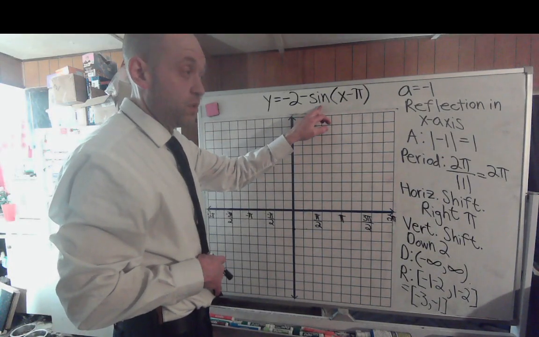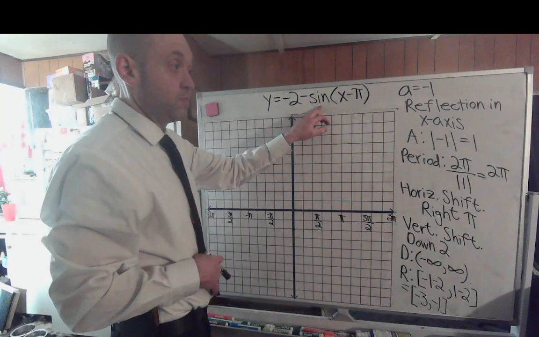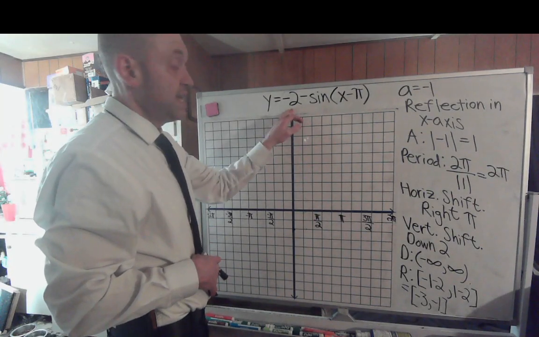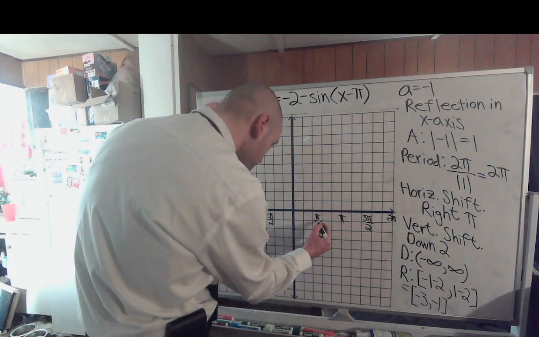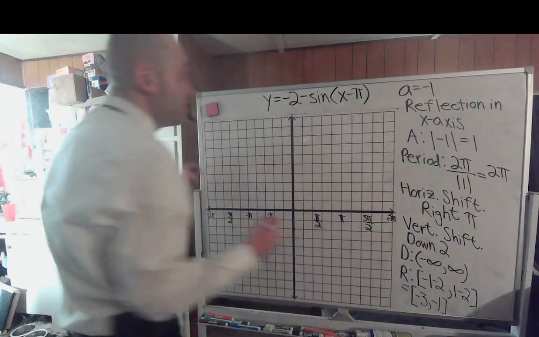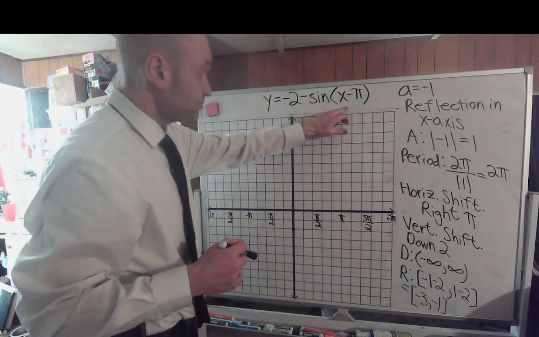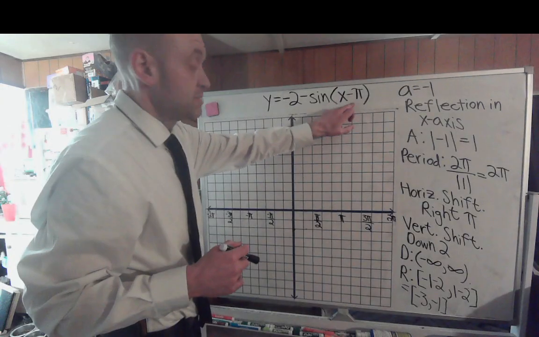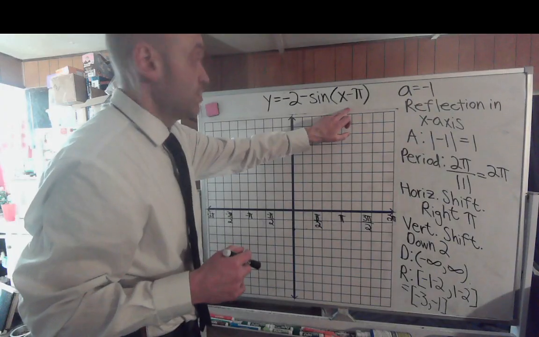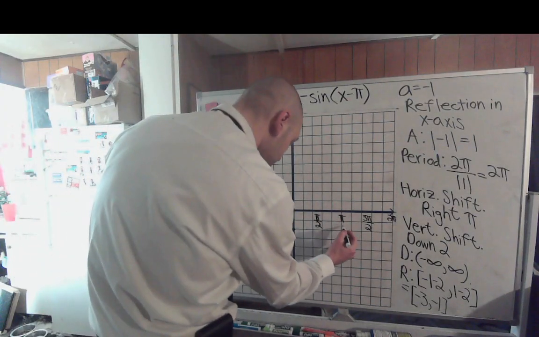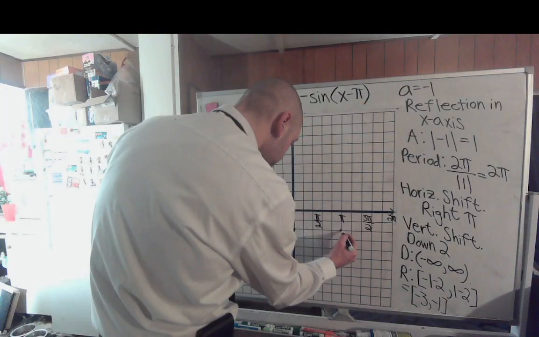Negate the -1, you get +1. So -2 plus 1 is -1. Now put in pi. Pi minus pi, that's 0. Sine of 0 is 0. -2 is, in fact, -2.